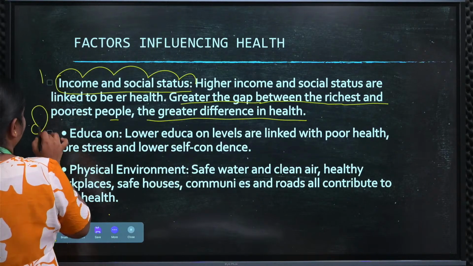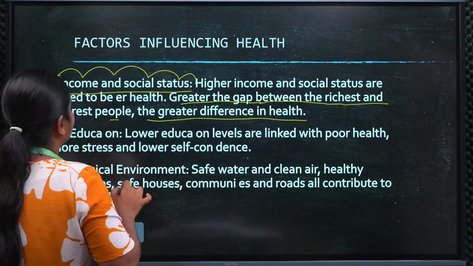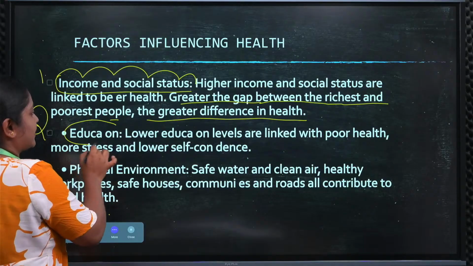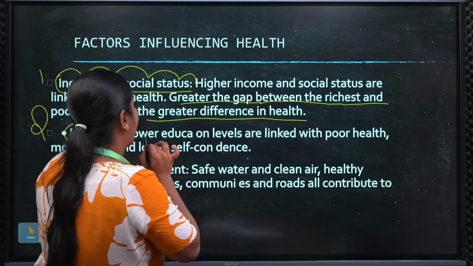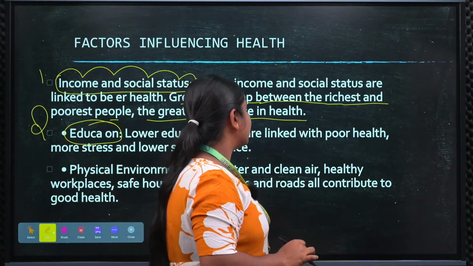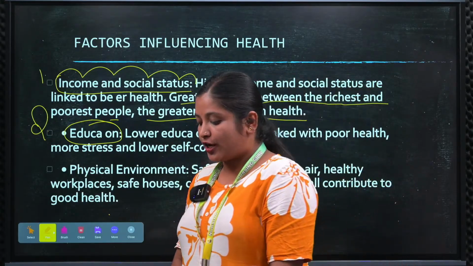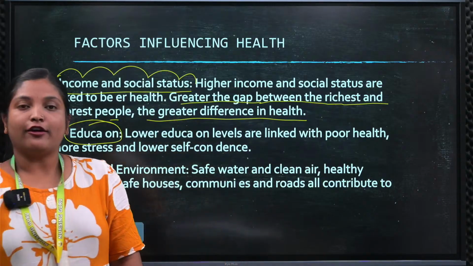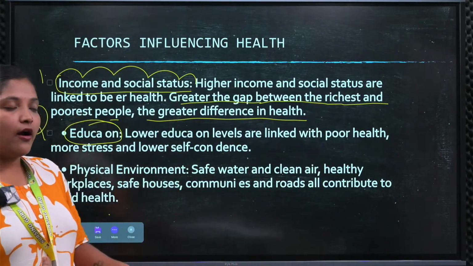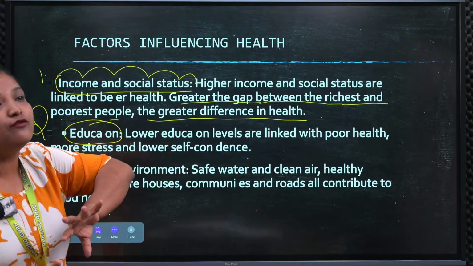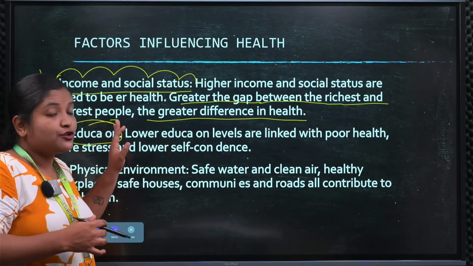The second one is education, a very important factor. Low education levels are linked with poor health. If you do not have a proper education on nutrition, on a healthy lifestyle, or on any factors which influence your health, you should get an education.